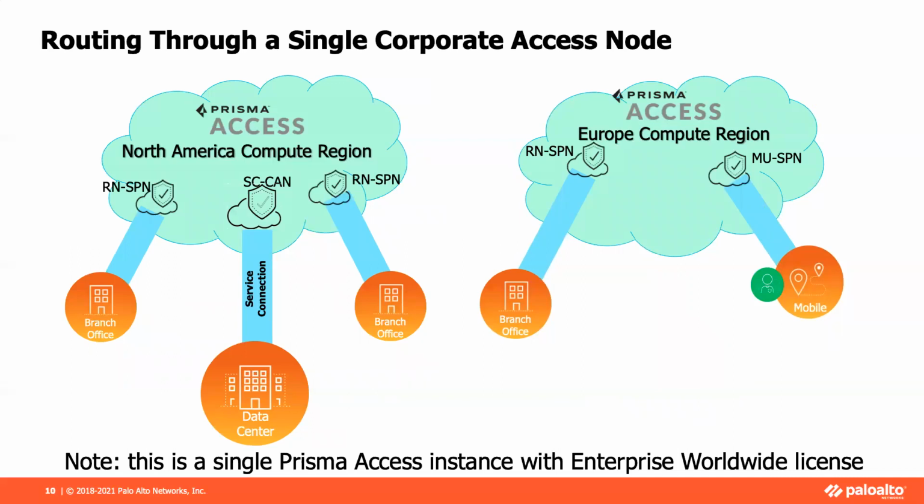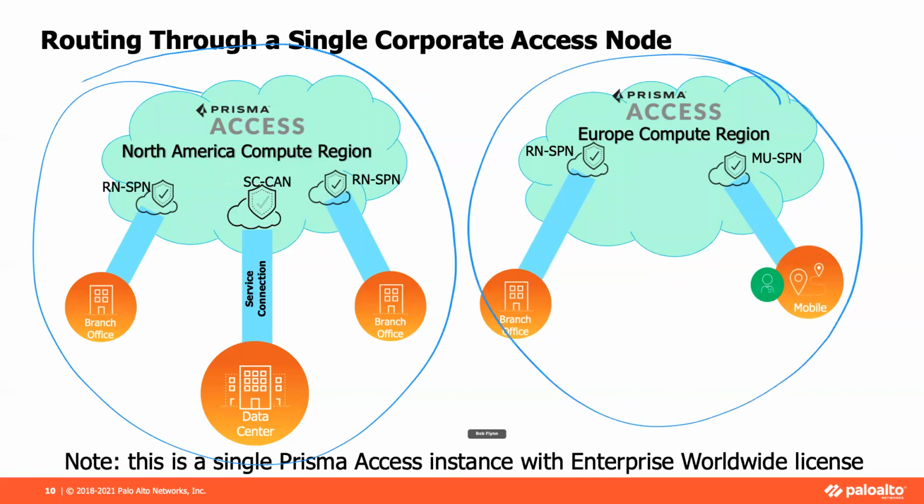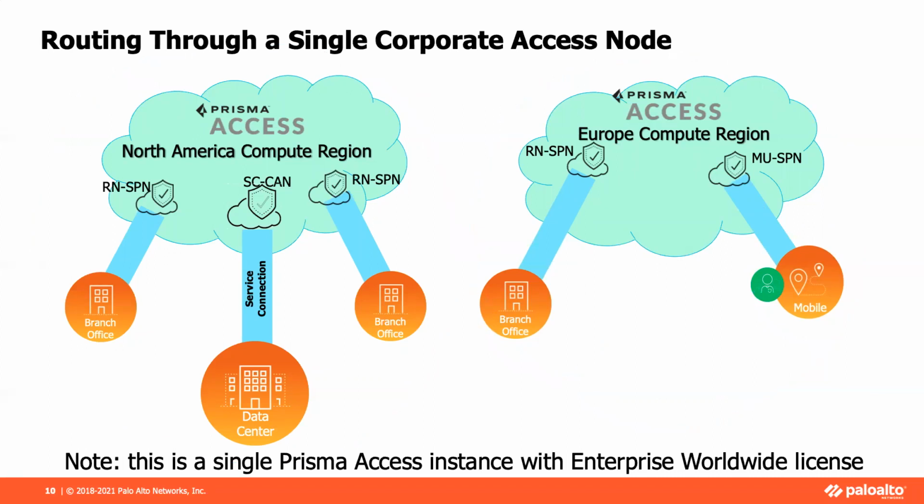We have our North American region and say our European region. If a mobile user, say in Europe, needs to talk to a user in a branch office in Europe, they need to hit a CAN, a corporate access node, to be able to get the routes to get there. So the way you deploy these corporate access nodes can make a great difference in the end user experience that you get.